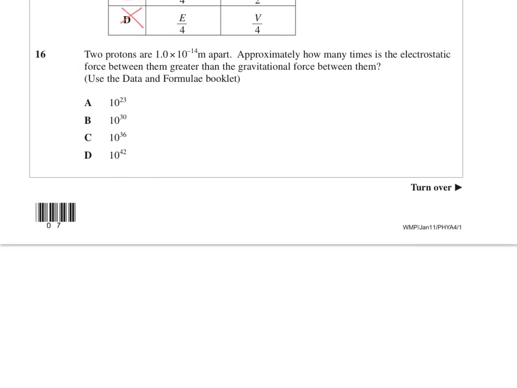Two protons are 1.0 times 10 to the minus 14 meters apart. Approximately how many times is the electrostatic force between them greater than the gravitational force between them? So let's think. Essentially what we're doing is a ratio of QQ over 4 pi E0 R squared over G m squared over R squared.